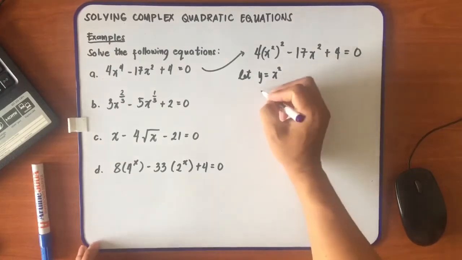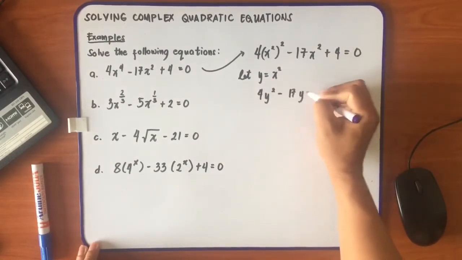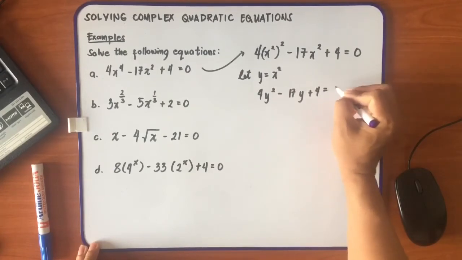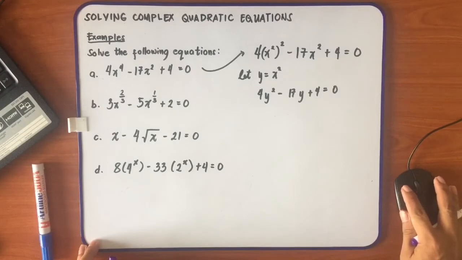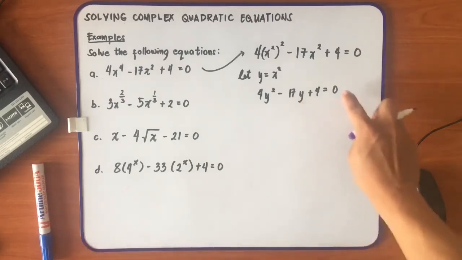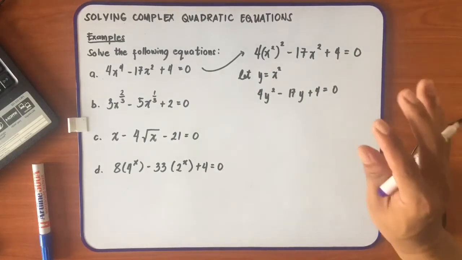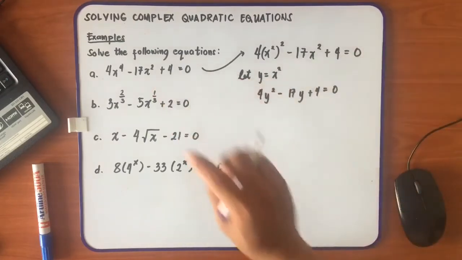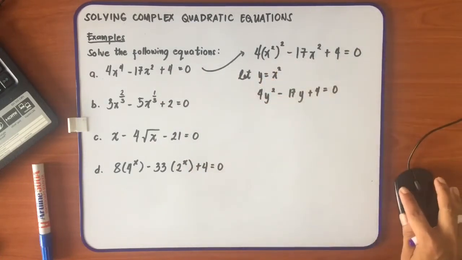So it will now become 4y squared minus 17y plus 4 is equal to 0. If you notice now, it becomes a quadratic equation. So it's possible that we can change this equation into a quadratic equation.